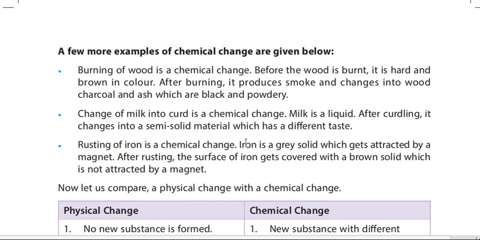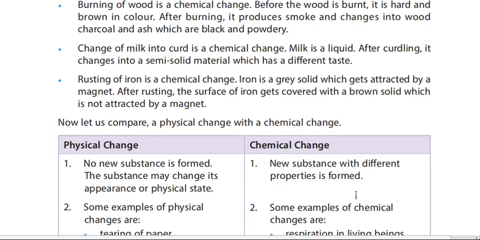Brown color is formed over it, which means it is the formation of iron oxide, which is called rust. So it is a chemical change. In this way, we can say physical changes are temporary, reversible, and nothing new is formed, but chemical changes are permanent, irreversible, and in this change a new substance is formed.